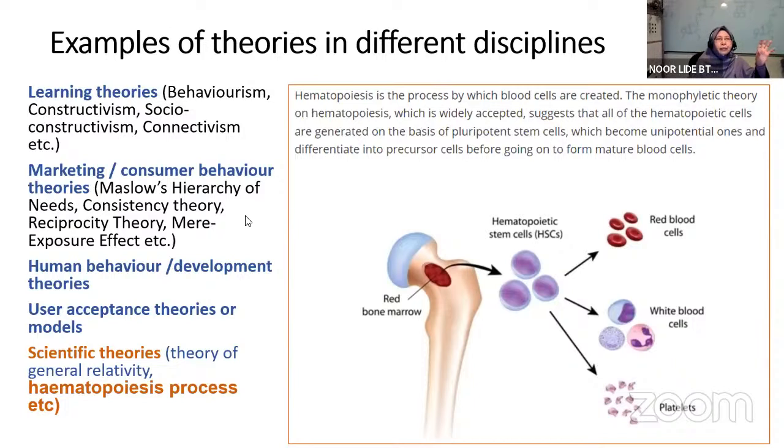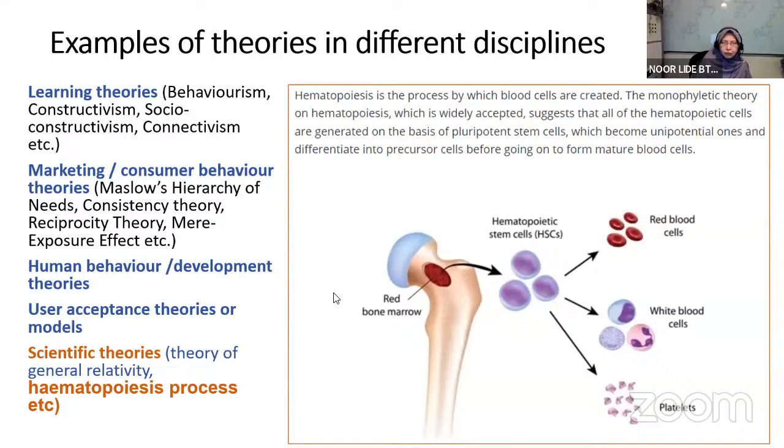Meaning that if you say that this is how blood cells are created, there's only one single truth. There's no other way that blood cells can be generated, for example.